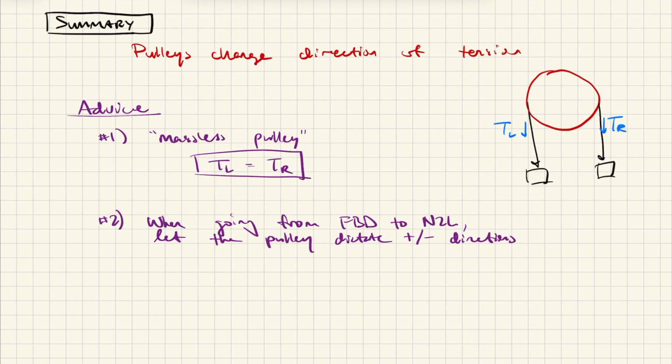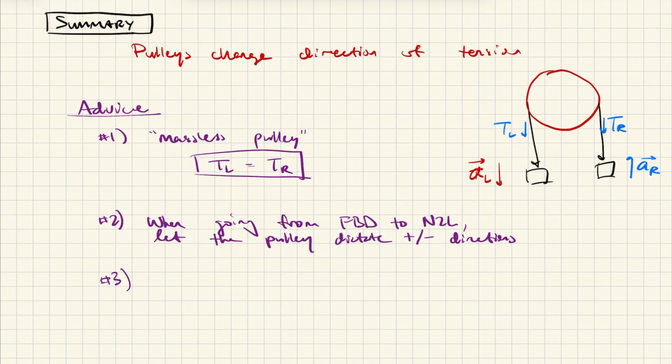And the last piece of advice I have for you is keep an eye out for the equal accelerations constraint. We know that if the string is taut, then whatever acceleration is happening on the left-hand side has to be the same as the acceleration on the right-hand side. We can't have the rope bunching up at one side of the pulley. One side cannot accelerate faster than the other.